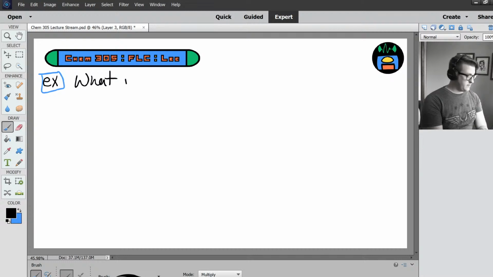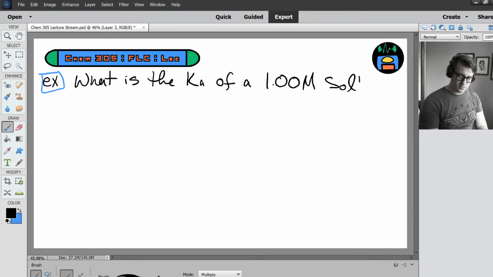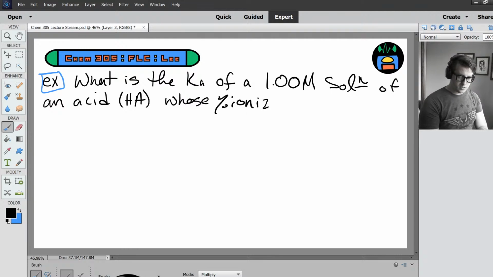What is the equilibrium constant, the acid ionization constant, Ka, of a 1.00 molar solution of an acid, HA, whose percent ionization is 6.0%.